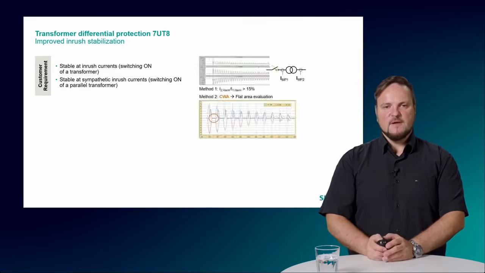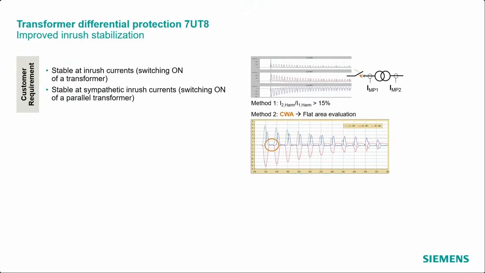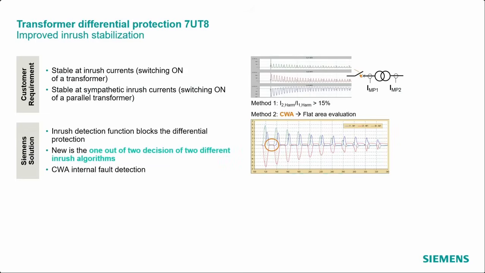But now we learned from the field, and we were implementing a new second method, and beside the first method to detect the second harmonic, we have now the so-called CWA. CWA stands for Current Waveform Analyzer, and here we check the flat area in the differential current.